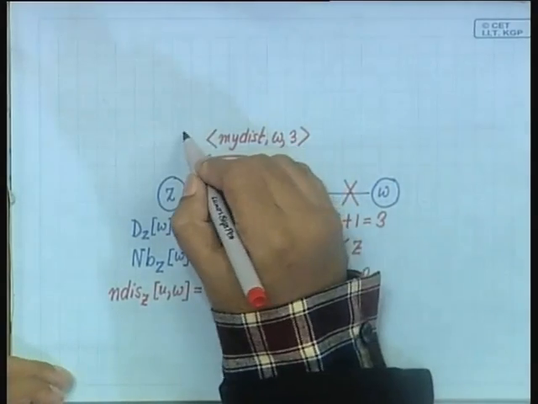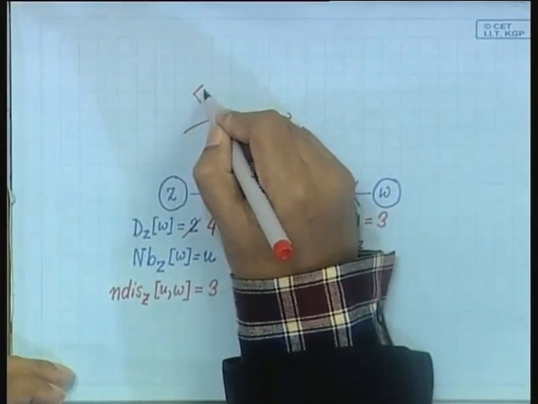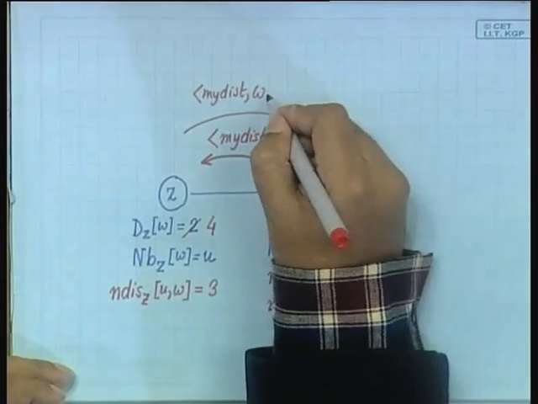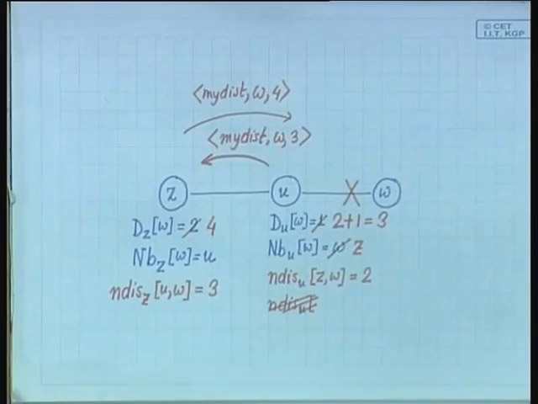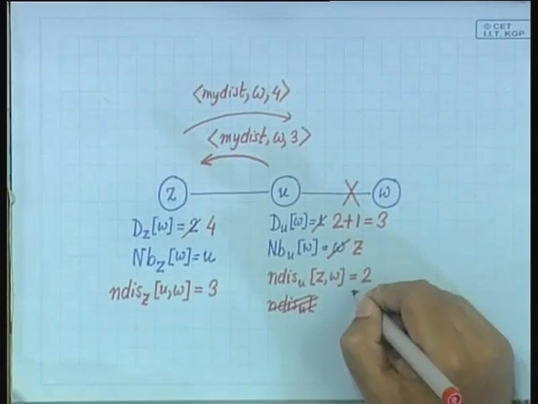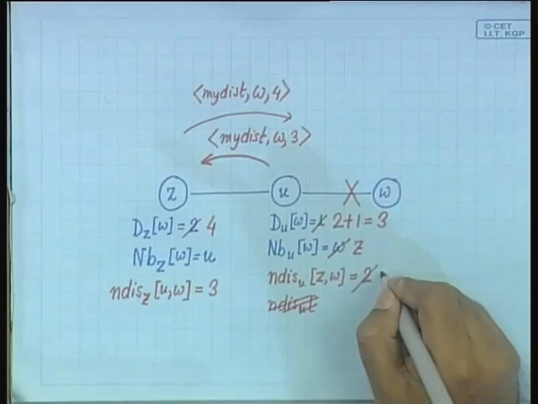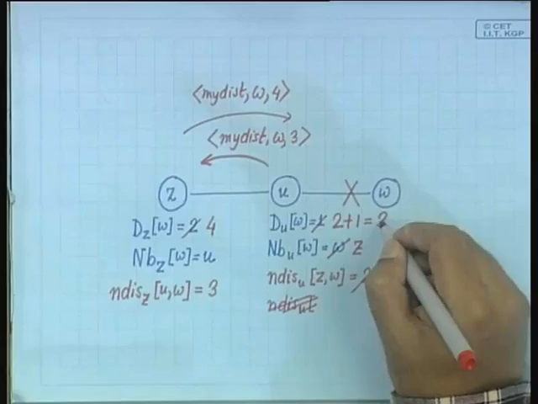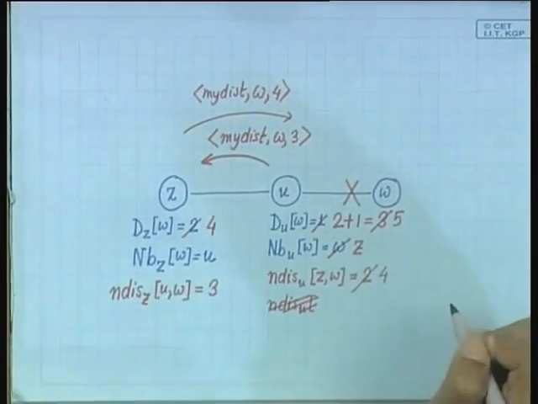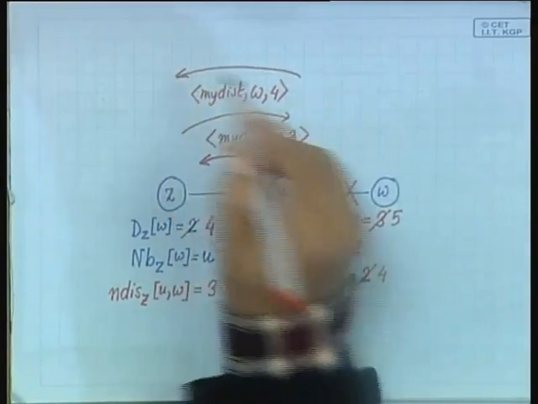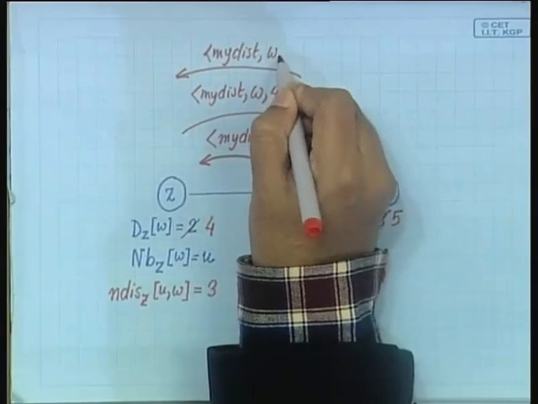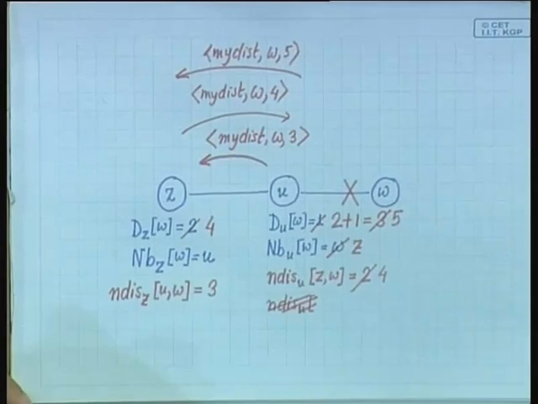And then what is it going to do? It will send a MyDist W 4 message to U. What will you do? Update this to 4, and then update this to 5, and then send a message; this will continue.